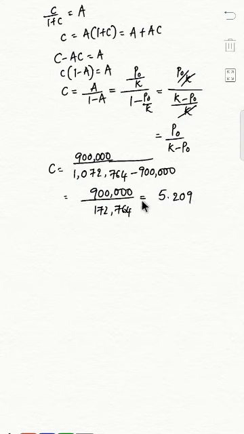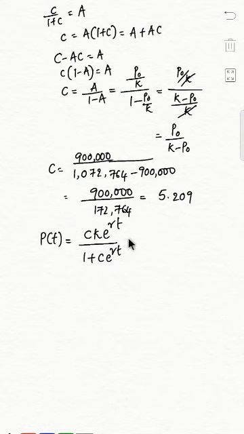So we found the c, and the solution of the differential equation is p of t is ck e to the power of rt divided by 1 plus c into e to the power of rt.